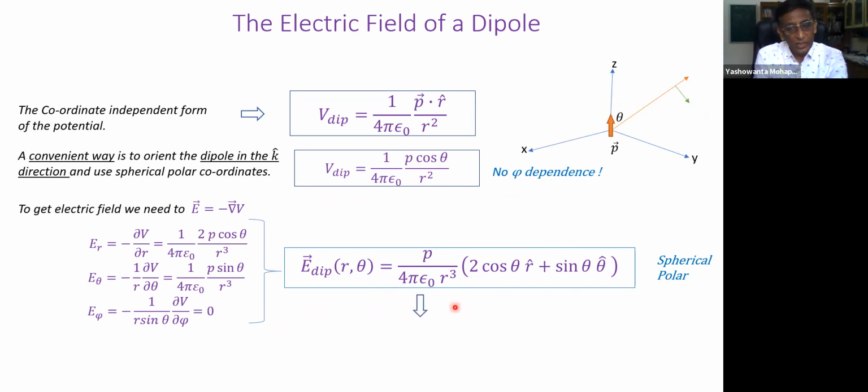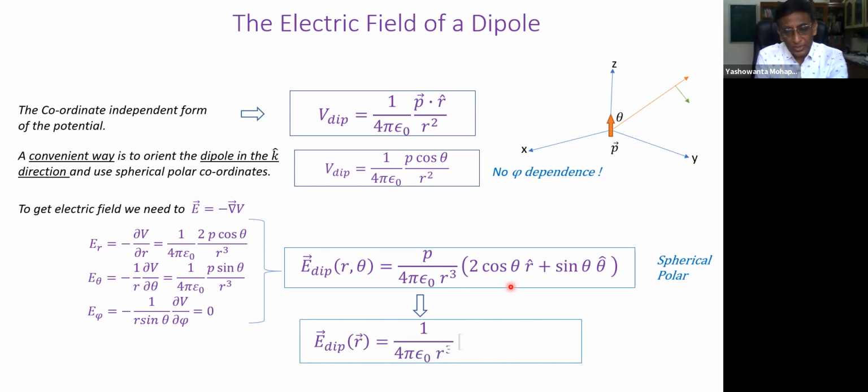This, I'll leave as a task. You can now convert this back into a coordinate independent form, with cylindrical or Cartesian coordinates, whichever you want to use. That's easy to do, so I'll leave it to you. You can write this out such that it is independent of which coordinate system you want to use.